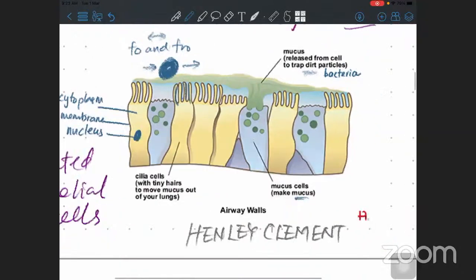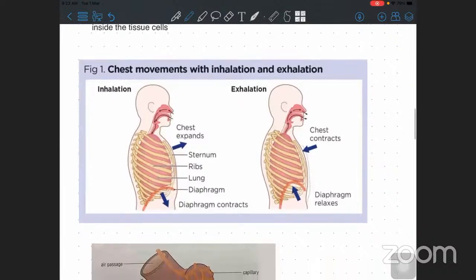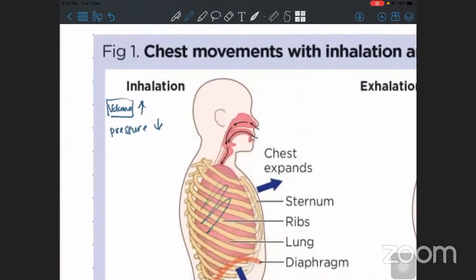We need to learn about the chest movement in inhalation and exhalation. When we inhale, the volume of the lung becomes larger, and the pressure decreases, so it creates an imbalance between the lung and the outside.